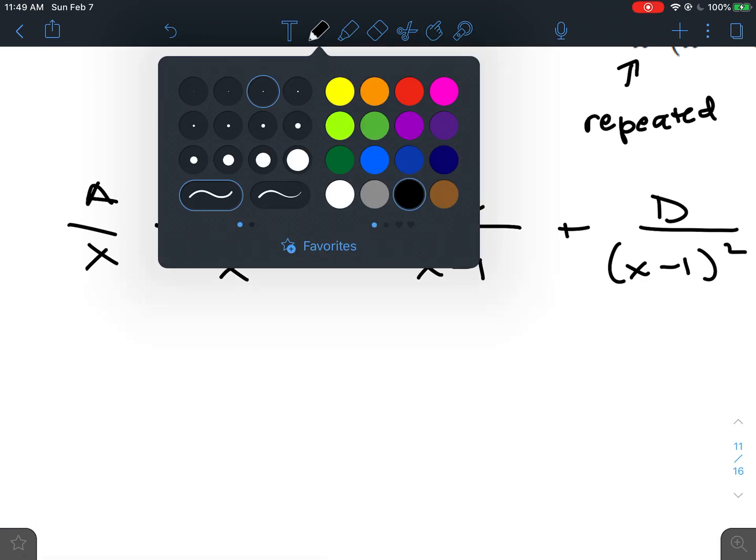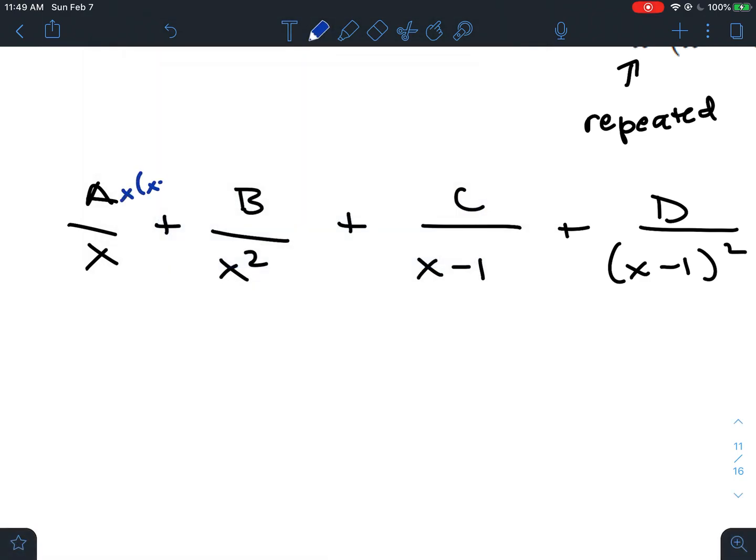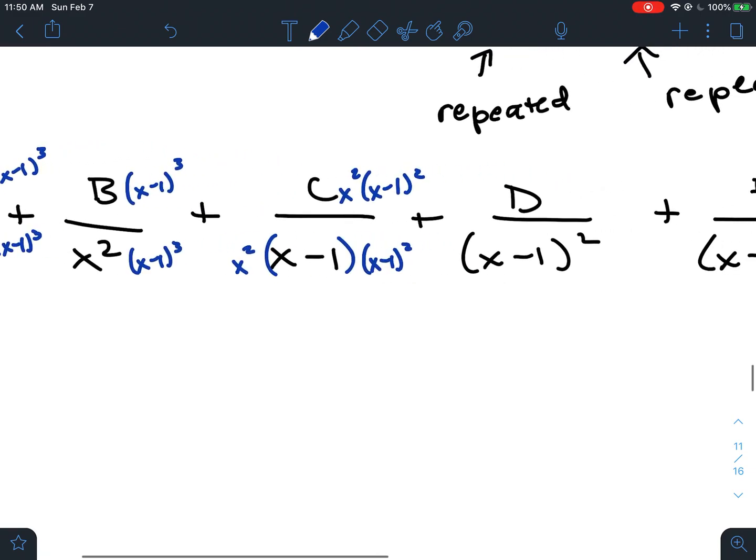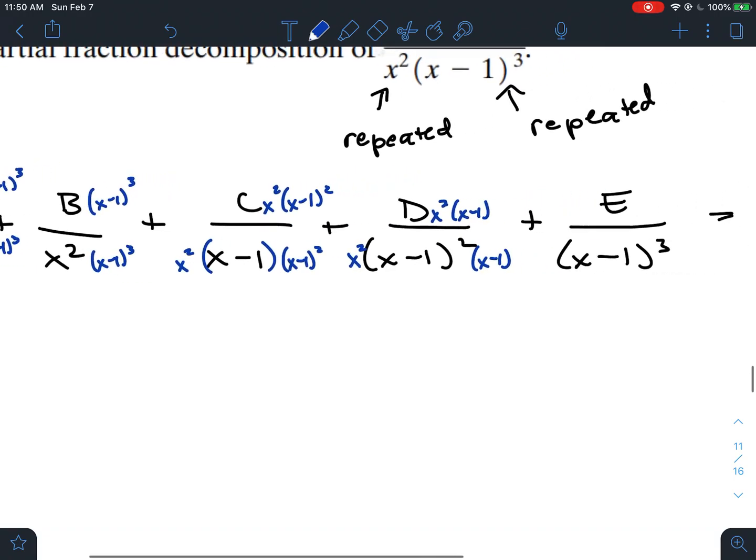All right, so A is missing an x and an x minus 1 cubed. The B is missing the x minus 1 cubed. The C is missing the x squared and an x minus 1 squared. The D is missing an x squared and an x minus 1.